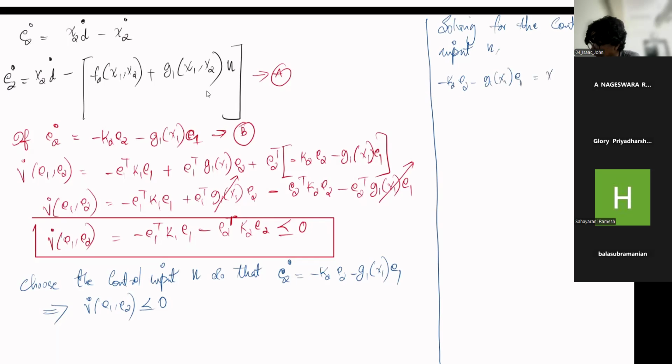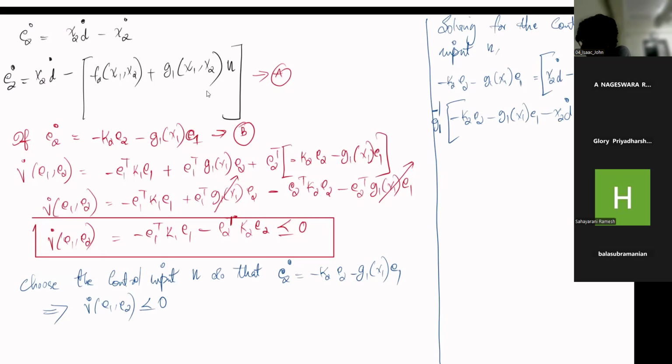This would be X2 desired dot minus F2 plus G1 multiplied by U. All right. So how would it look like? Minus K2 E2 minus G1 of X1 E1 minus X2 desired dot plus F2, the whole multiplied by G1 inverse. This would be your control input U, right?